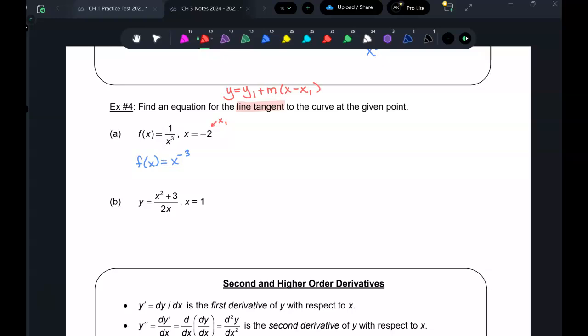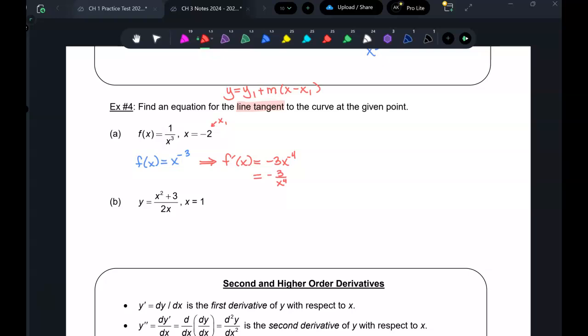m is going to be f prime of negative 2. So from here, what's f prime of x? Negative 3 over x to the 4th power. We have to be careful: negative 3x to the negative 4, or negative 3 over x to the 4th power. So I have an x1 and a formula for the slope.